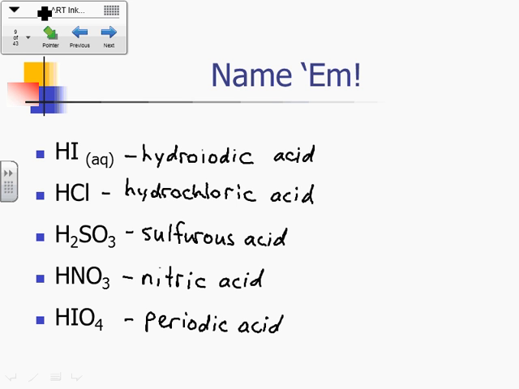It looks like periodic acid, but periodic is how you pronounce it. This is iodine, and it's periodate that is the polyatomic ion it comes from, so you'd call it periodic. You don't have to know how to say it, right? There is not a pronunciation part of the test.